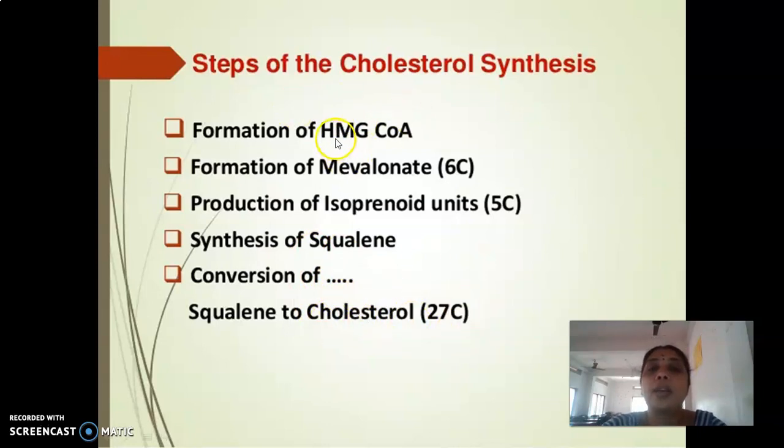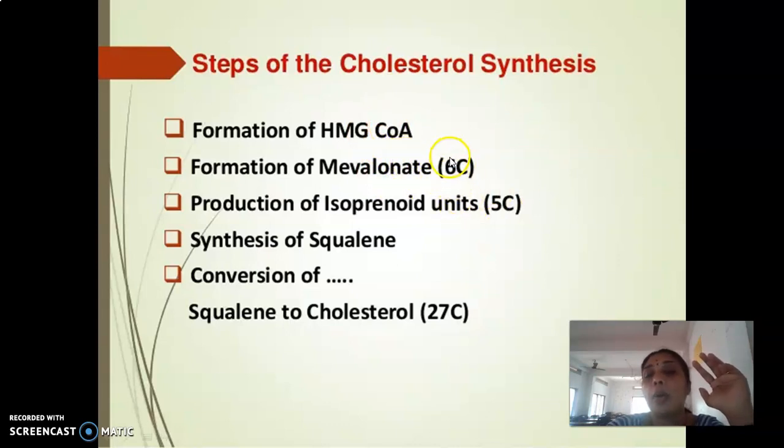So the first stage, formation of mevalonate, can be divided into 2 different steps: formation of HMG-CoA, followed by HMG-CoA conversion to give rise to mevalonate. This conversion of HMG-CoA to mevalonate is the rate-limiting step of the pathway. Mevalonate is a 6-carbon compound.